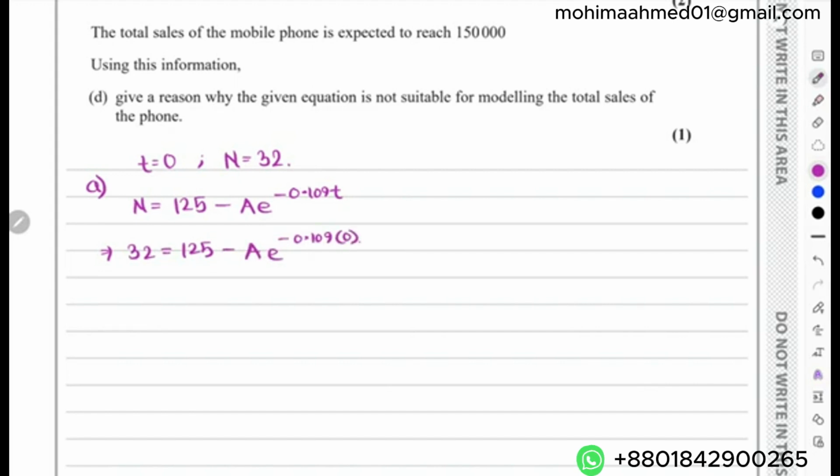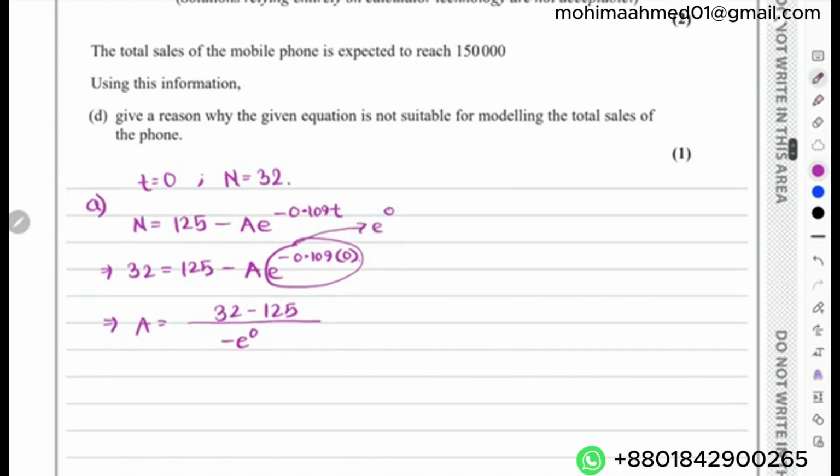This entire e becomes e power 0, because 0.109 got multiplied with 0, and anything multiplied by 0 becomes 0 itself.